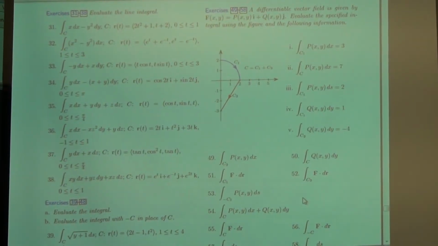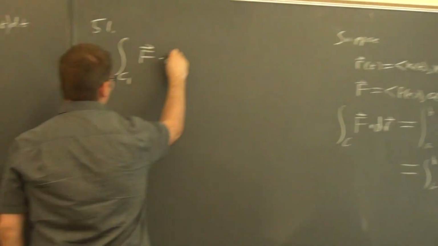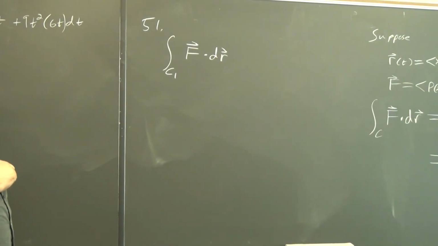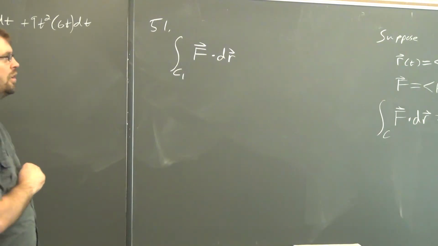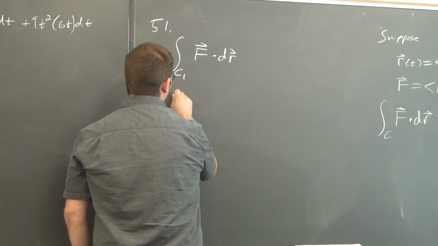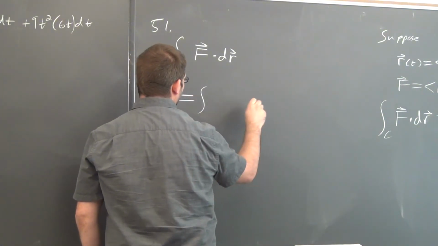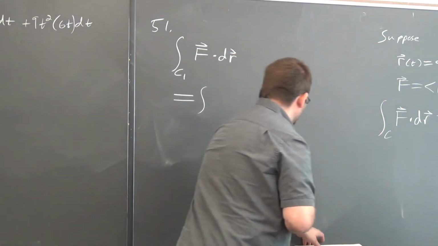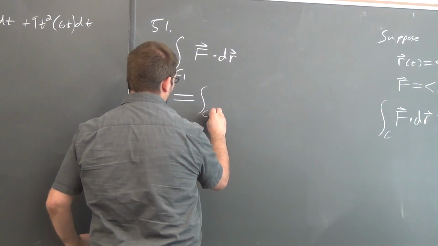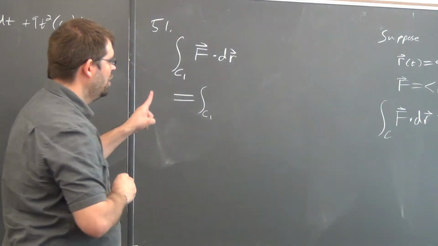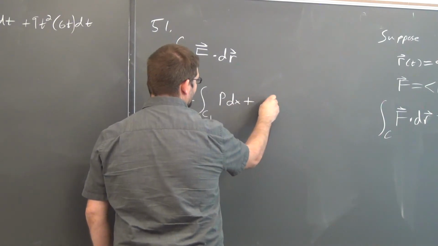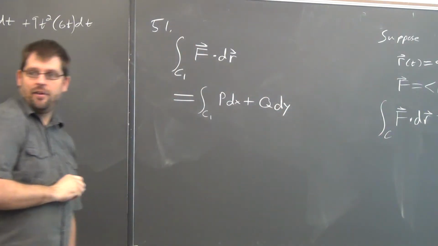So 51 only cares about being on C1, right? And then you have F dot dr. So they want you to evaluate this. Our formula for this was that this is the same as what? The integral of P dx plus Q dy, right?